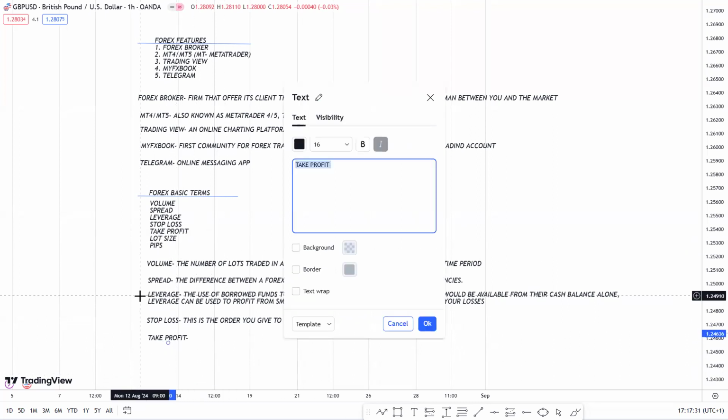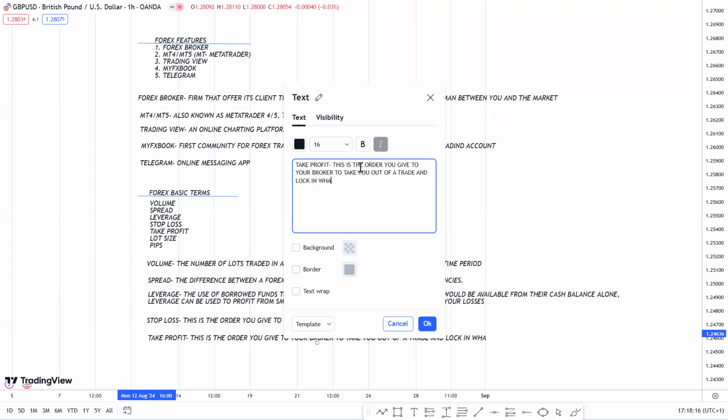Take profit is the order you give to your broker to take you out of the market and lock in whatever profit you made on that trade.